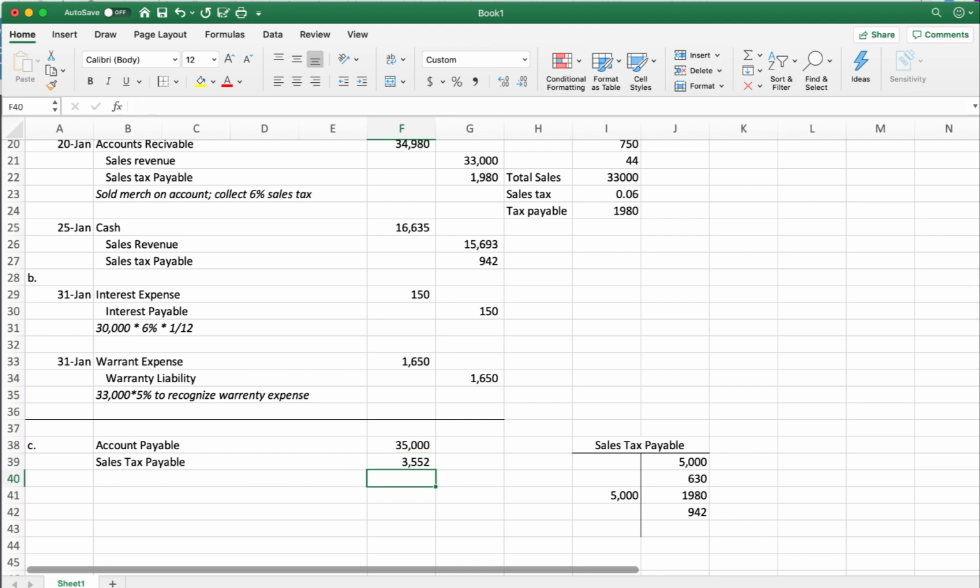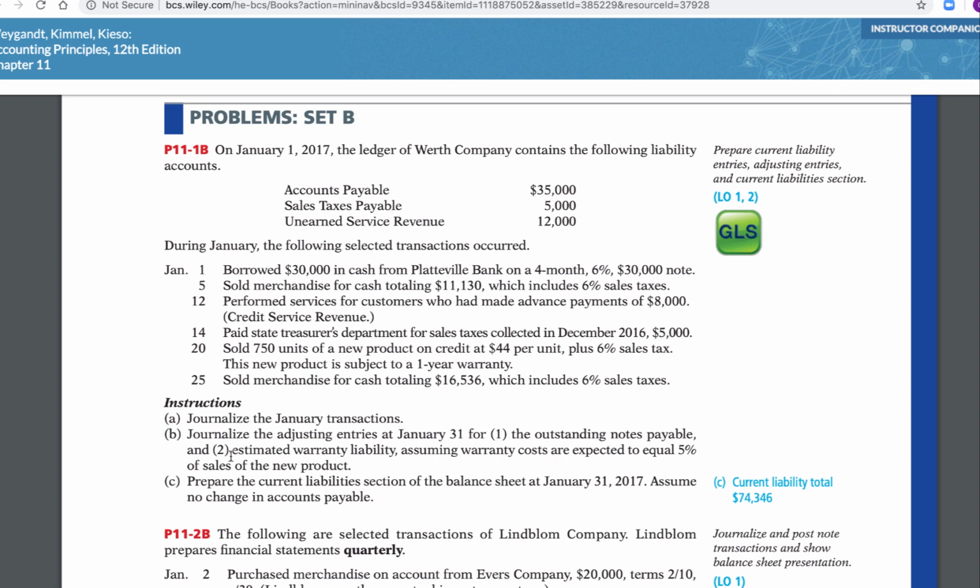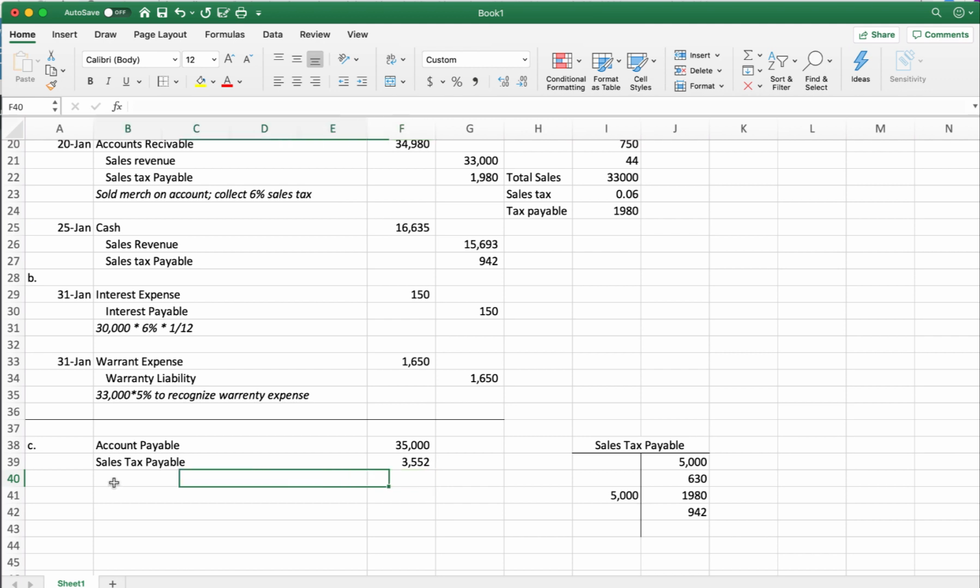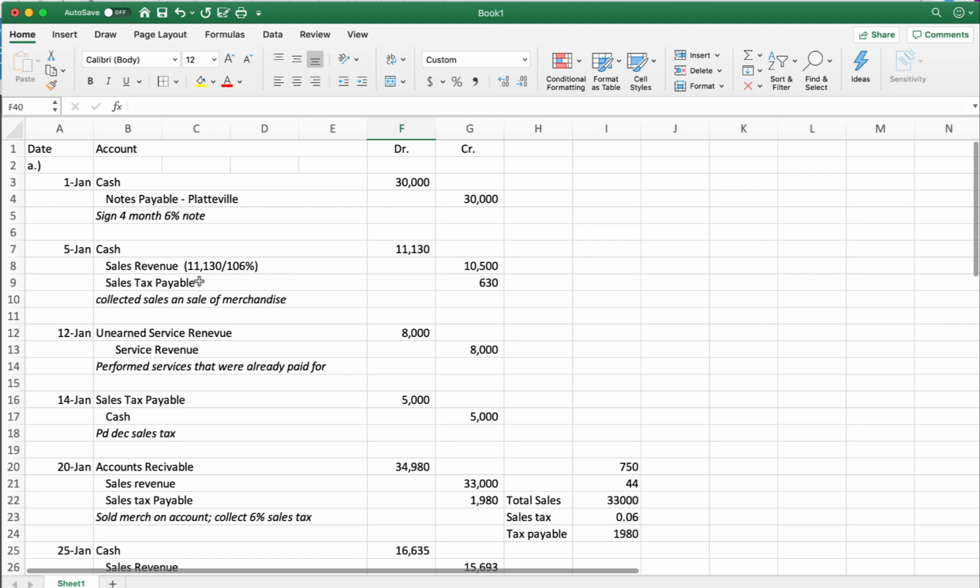Okay, so that's one. So that's the second accounts payable or liability we have. The next one is unearned service revenue. Well, plug it in. Okay, so let's go through our journal entries and say, what would we need to post to the ledger from our journal that affects unearned revenue, okay?